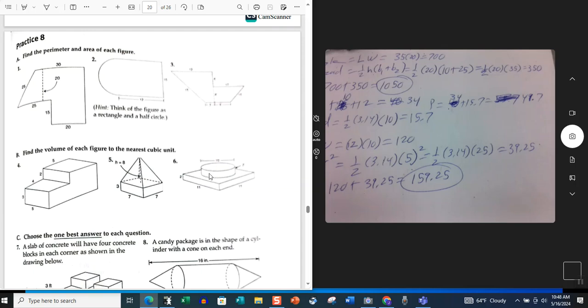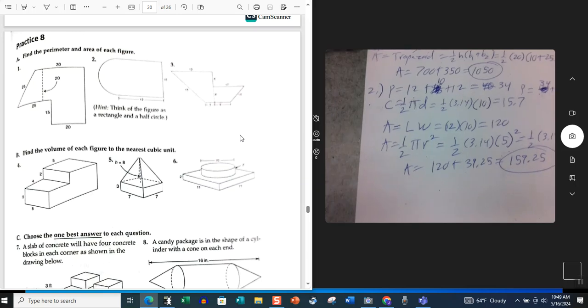Okay, now we go to the third figure. As you see here, it looks as though we would have a trapezoid, two trapezoids actually, when we go to figure out our area.